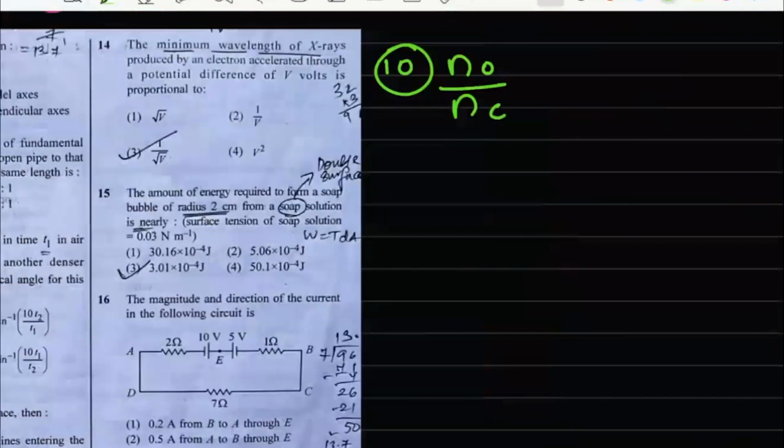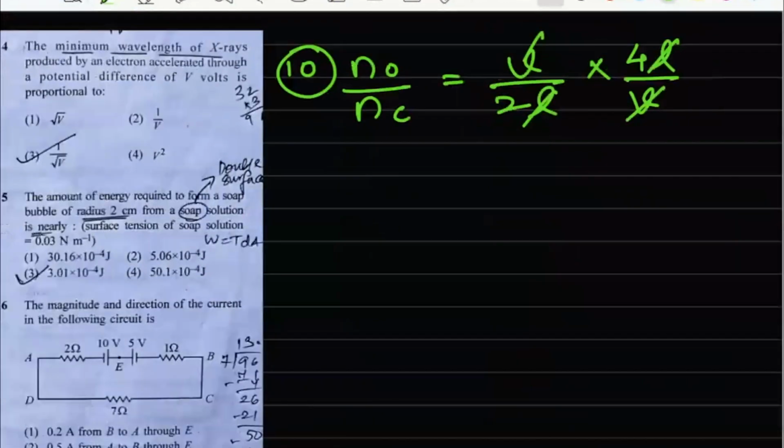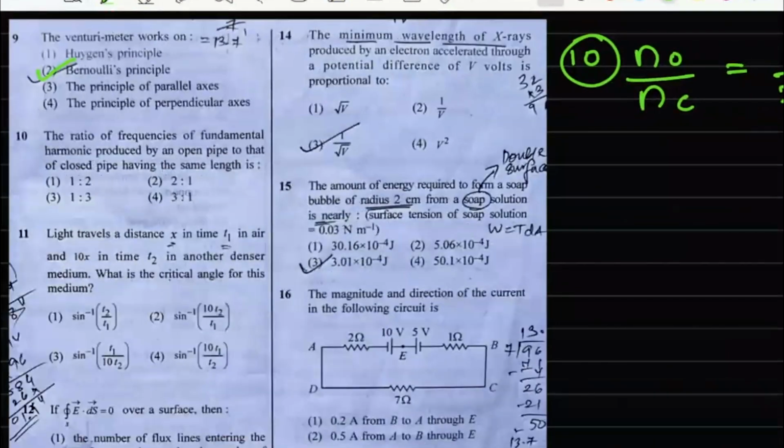So we just want the fundamental frequency, n open upon n closed of the same length. So open pipe is V by 2L and closed pipe is V by 4L, which goes in the denominator. So I'm left with 4 by 2 or 2 by 1. So that is this option.